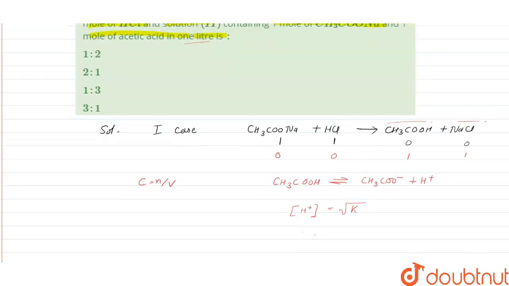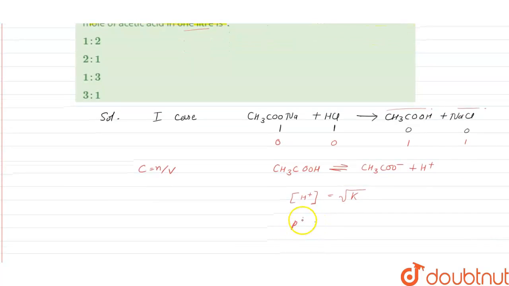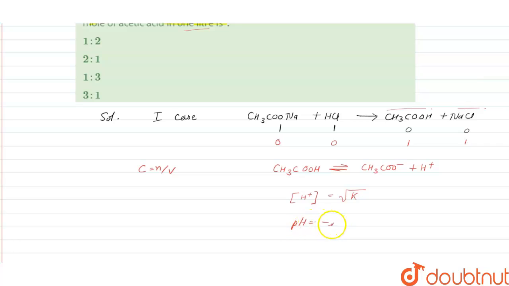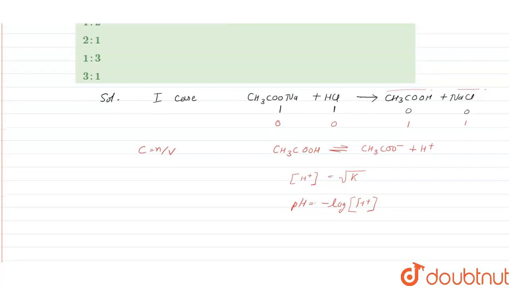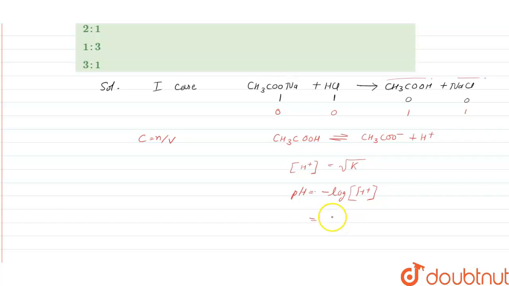So H plus ion is given as under root K. In this way we can calculate the pH of the solution. pH of the solution would be minus log of H plus ions. So put the value of H plus ions that we have calculated, that is under root K. So minus log under root K. Now we can put this half as the power and keep it in front.